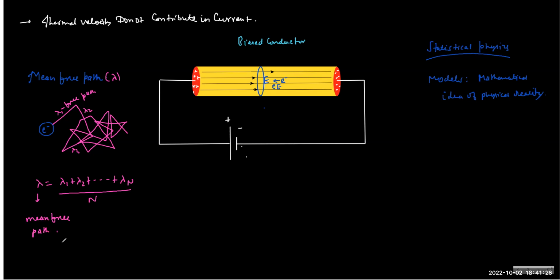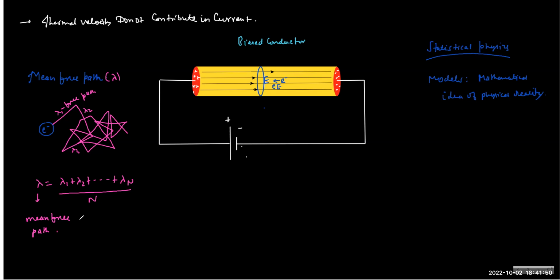And mean free path is a physical model because it depends on how many electrons are residing in a given volume. If you expect a higher density, then definitely you will expect a lesser mean free path, isn't it? So the more the crowd, the lesser the free path to walk or run. So mean free path only depends on the charge carrier concentration.